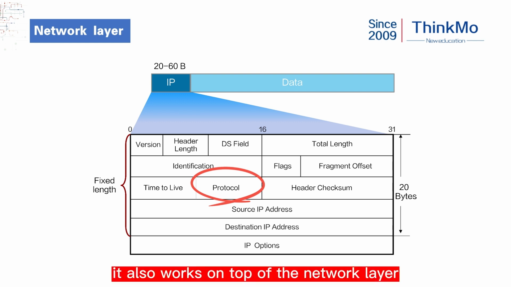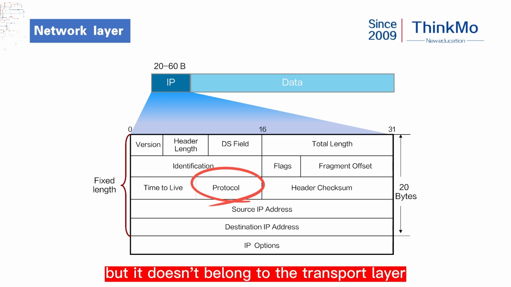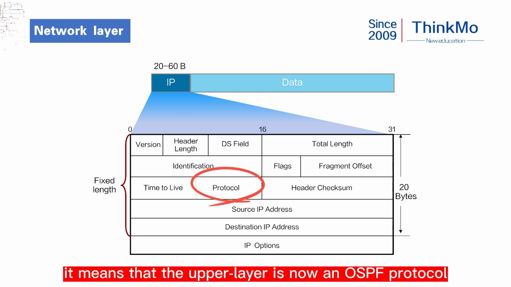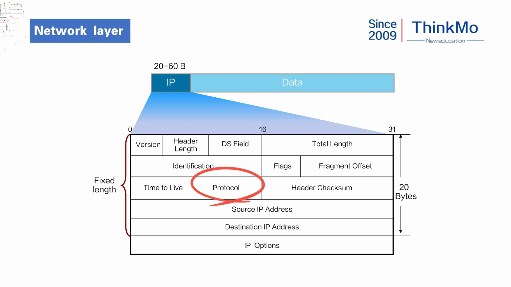It also works on top of the network layer, but it doesn't belong to the transport layer; we will talk about it later. The protocol number it identifies here will be 89. If it is 89, it means that the upper layer is an OSPF protocol. It is used to identify the upper layer protocol.